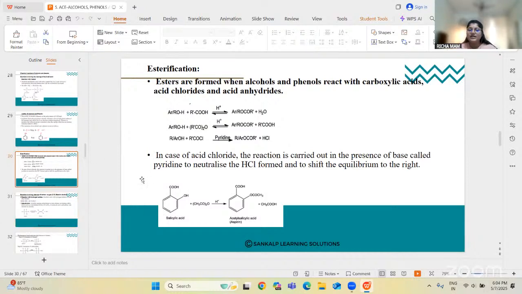Then we have seen the reaction with phosphorus trihalides, where alcohols react with phosphorus trihalides to give alkyl halides.